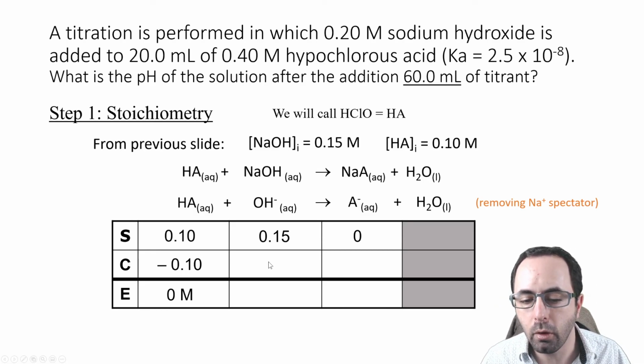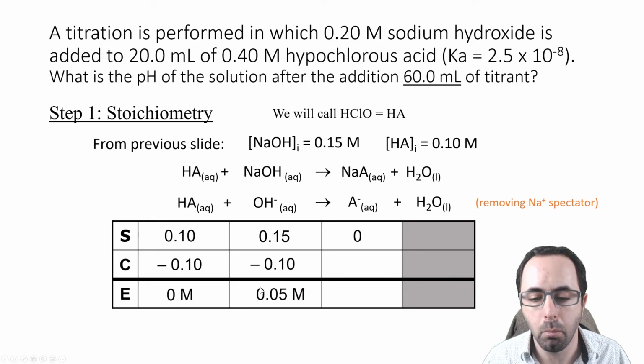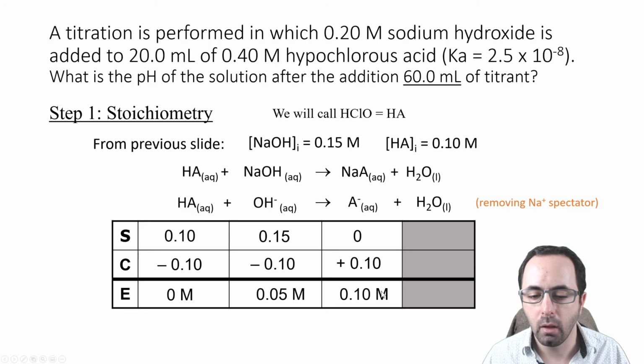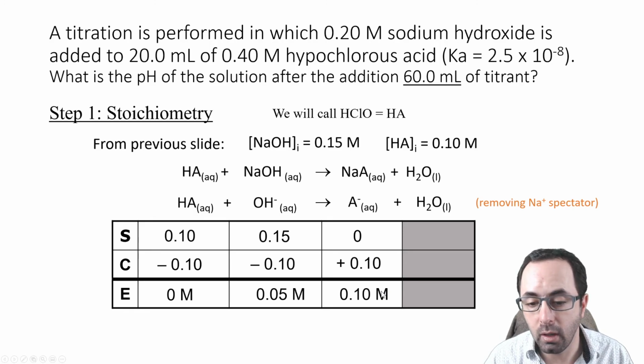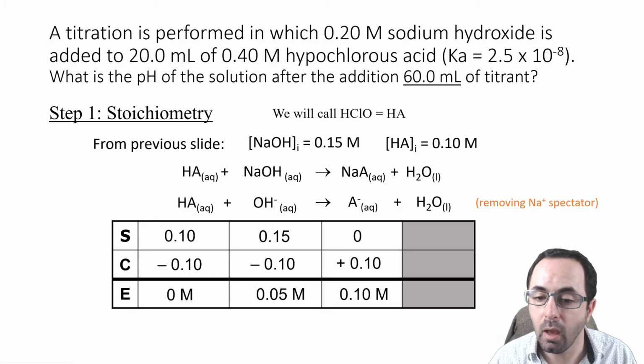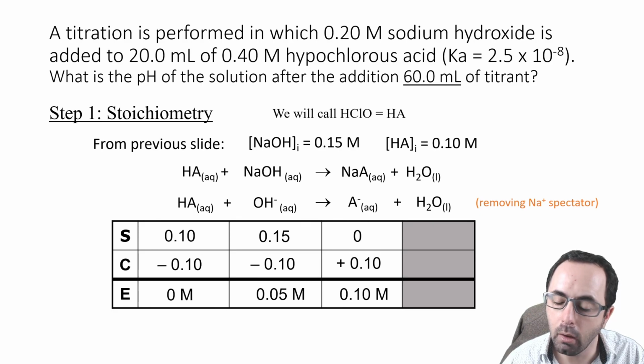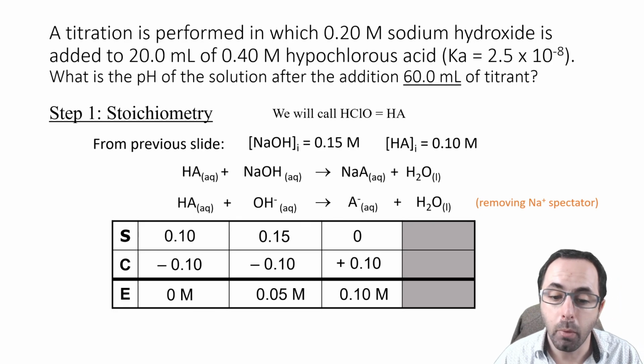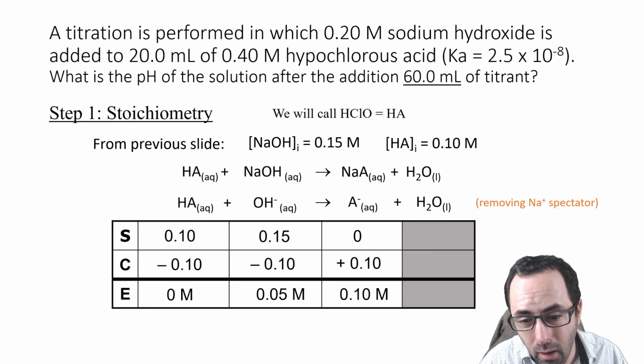We'll also lose 0.1 molar of the hydroxide, leaving 0.05 molar of the hydroxide. And then we'll add 0.1 molar for the anion, and we get 0.1 molar. So what we've got in the solution now, past the equivalence point, is 0.1 molar of the anion, but we have 0.05 molar of hydroxide.